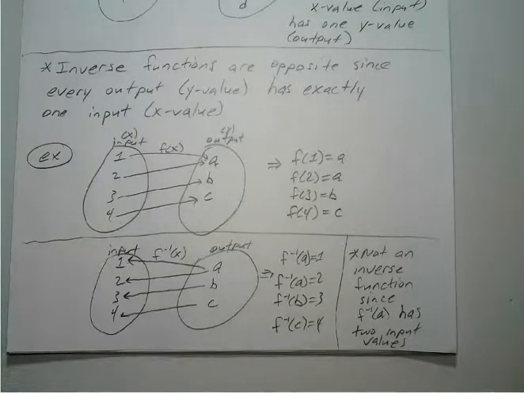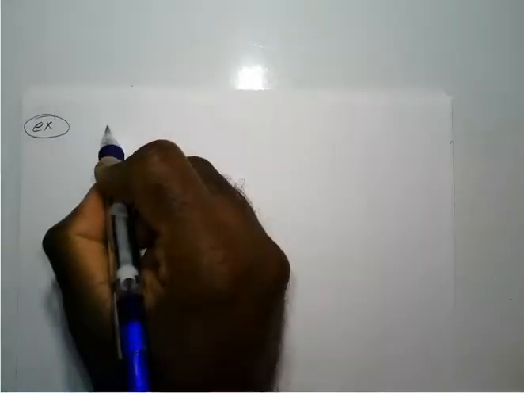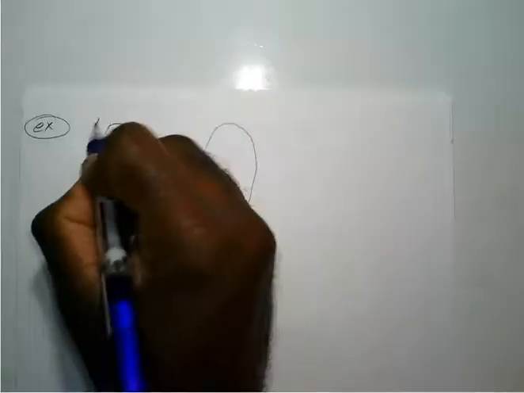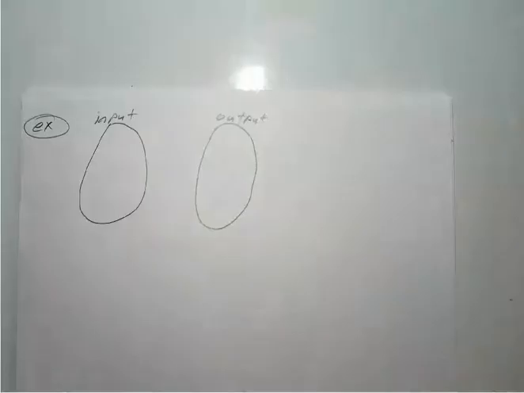If you're still writing, feel free to press pause, but we're going to go ahead and go to our next example. Let's say you have your input and your output.